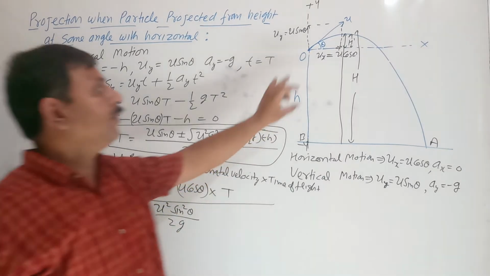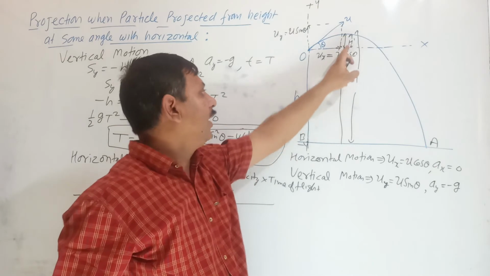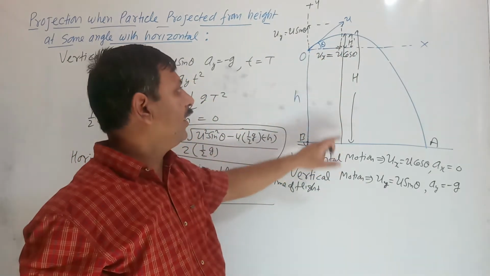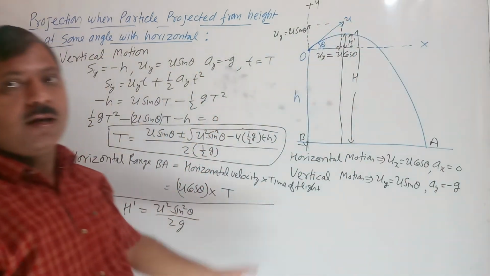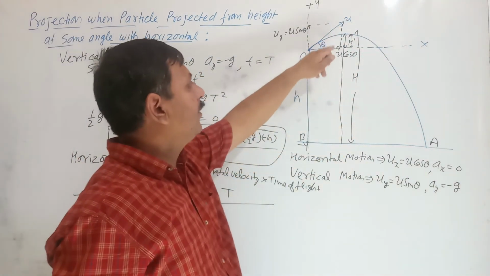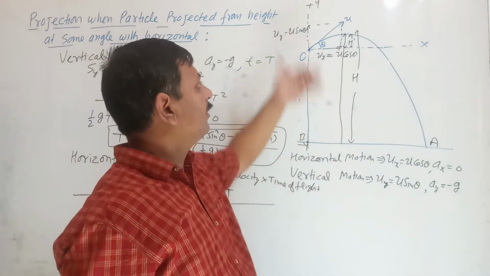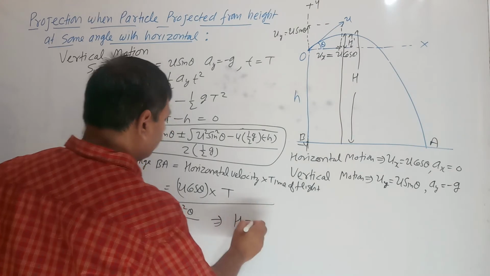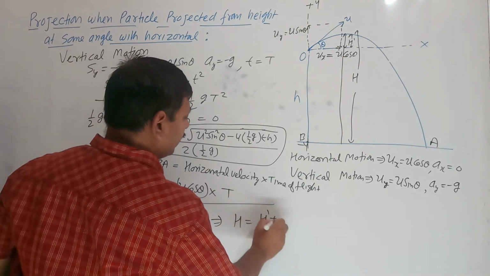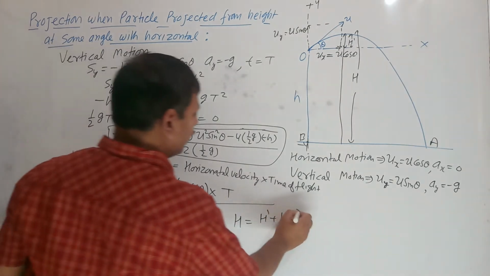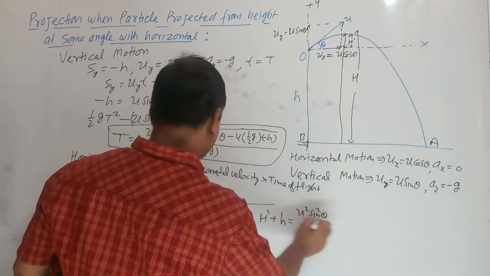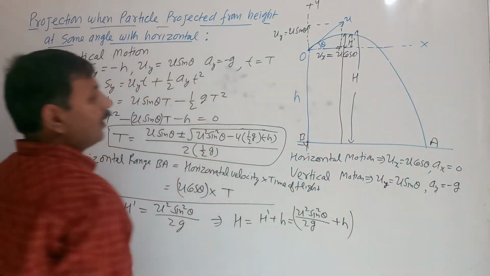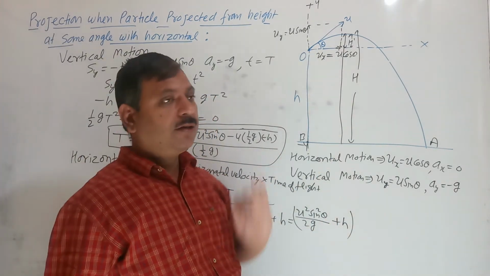By this method I can find h dash, plus this h from where it is projected. So the total maximum height from the ground is h dash plus h, that is u square sin square theta upon 2g plus h.